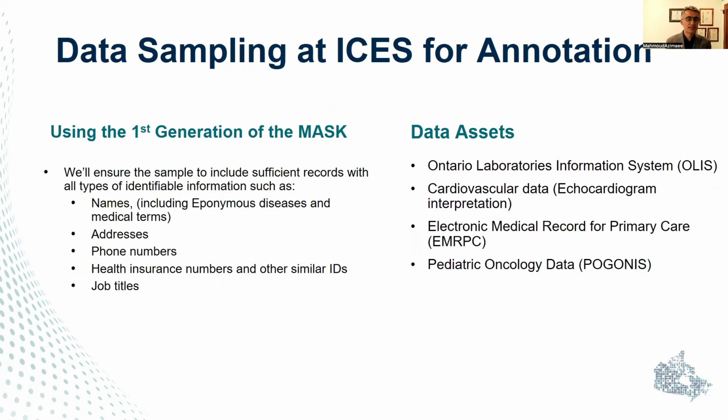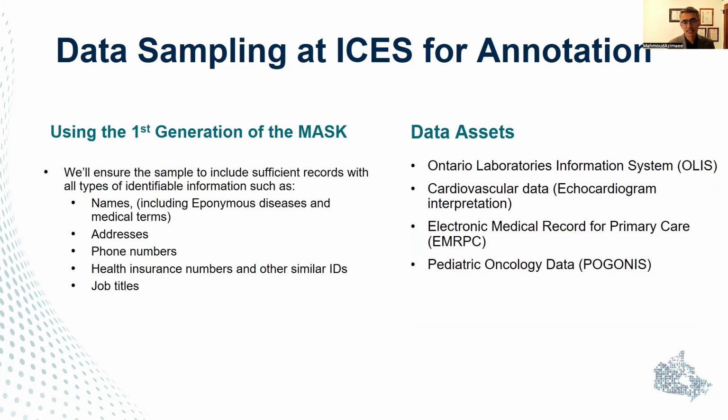So for the data sampling at ICS for the purpose of annotation and model training, as I mentioned, we use that older generation of the tool, and we make sure that the sample includes sufficient records from all types of identifiable information, such as different types of names, addresses, phone numbers, health insurance numbers, other similar IDs, and job titles.